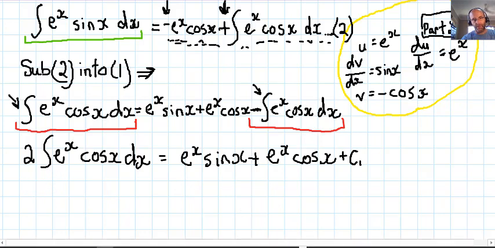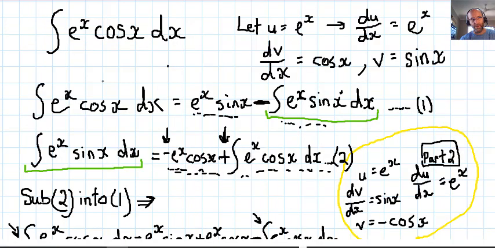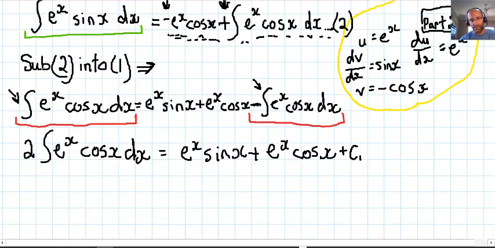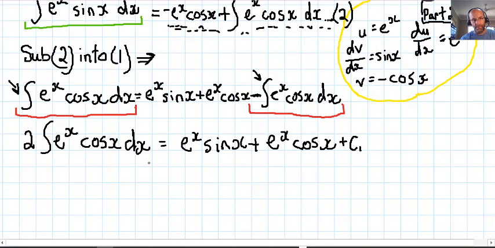Okay, so remember that the goal of the question was to find the integral of e to the x cos x dx. So we've got 2 lots of e to the x cos x dx. So by halving, multiplying by half.